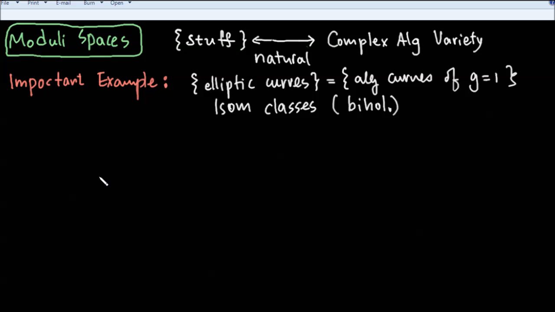Since we're here, I mentioned this Eichler-Shimura theorem, and the next theorem is called the Taniyama-Shimura-Weil theorem. It was a conjecture before. It goes as follows.